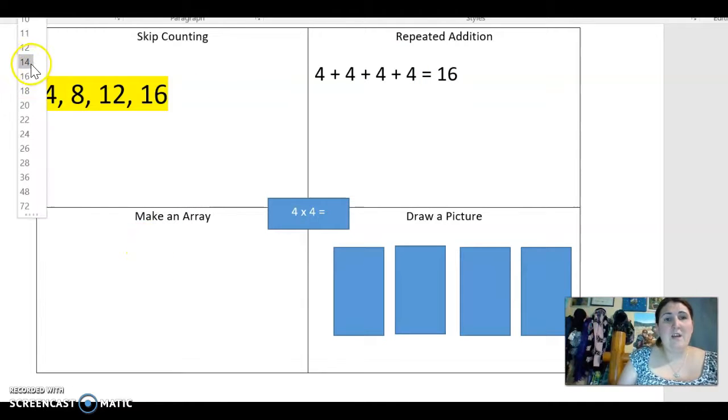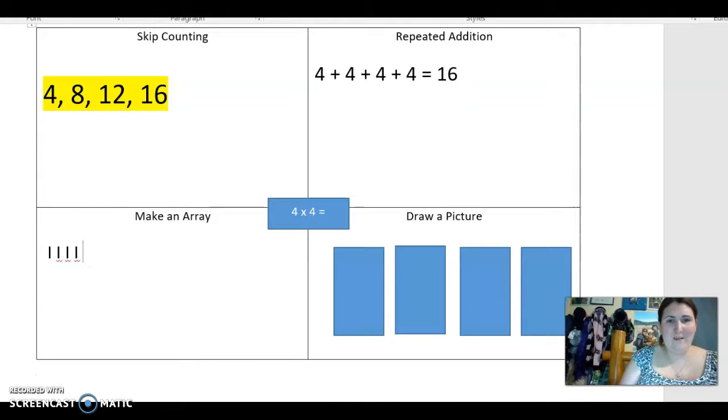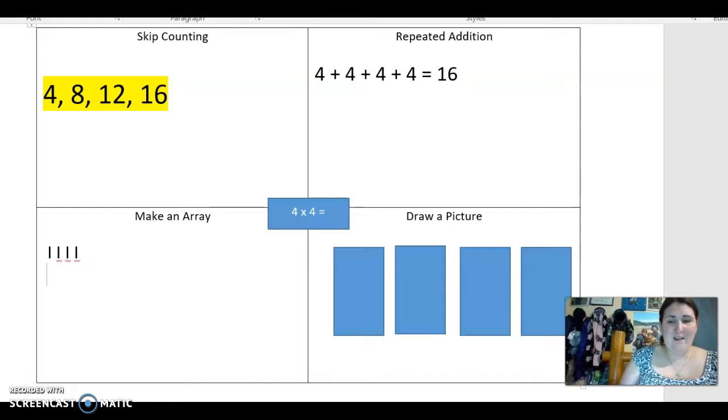Down here, I'm going to try to make you an array. We're going to see how that works. So we're going to do 4. So let's see. 1, 2, 3, 4. Uh-oh. So with any luck, 1, 2, 3, 4. 1, 2, 3, 4.